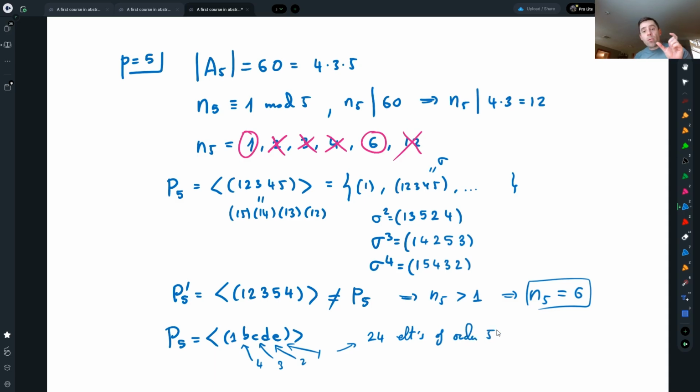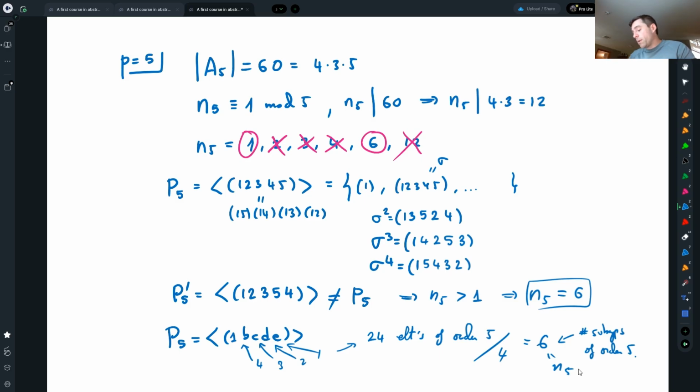But each cyclic subgroup of order 5 has 4 elements of order 5, so I have to divide by 4, which gives 6, the number of subgroups of order 5. So that tells me exactly that N5 is 6, and that's how it comes about.